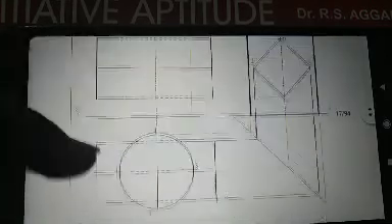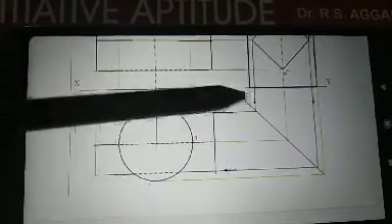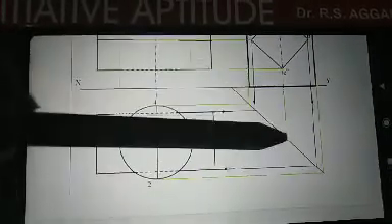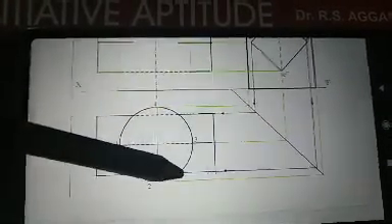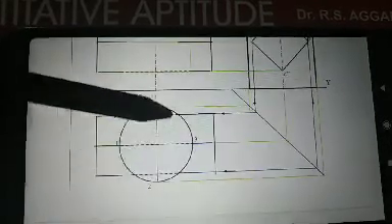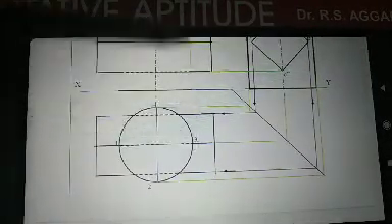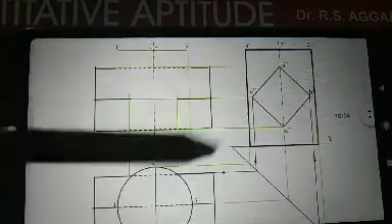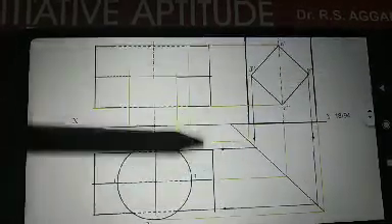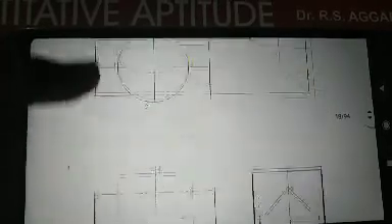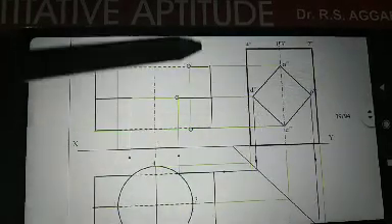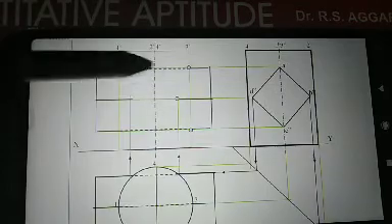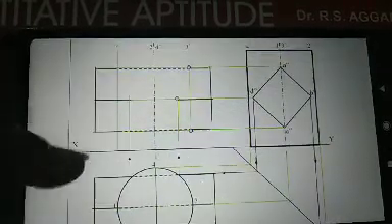Okay, then we found the intersection of these edges to the top view, and then we projected these lines in upward direction. Okay, after that we found the intersection points to these views.